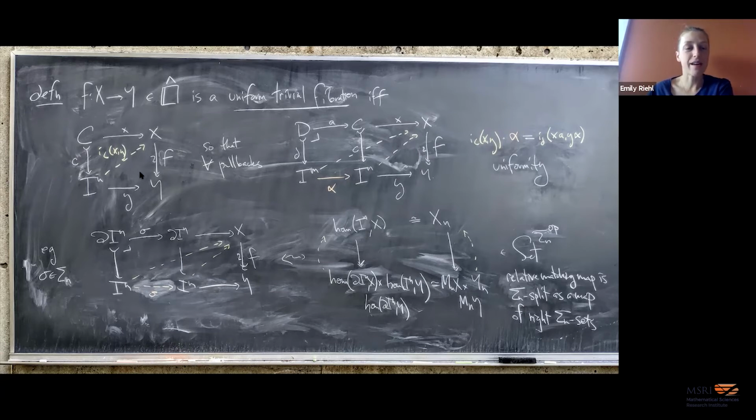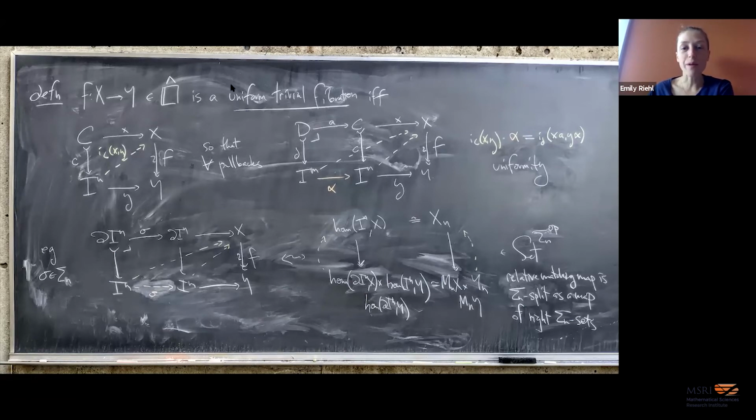So firstly, if I'm given any cube, so n could be any dimension, and then any subobject of the cube, so this could be like a boundary or a horn or a diagonal or a point or empty or whatever, any subobject of the cube, then I get a commutative square and I need a specified lift in that square.